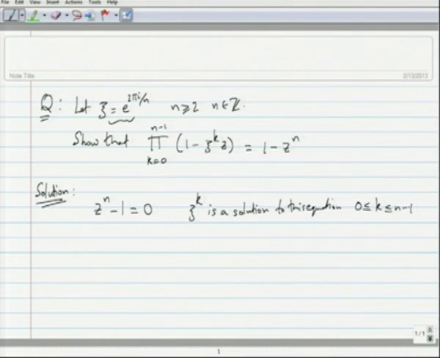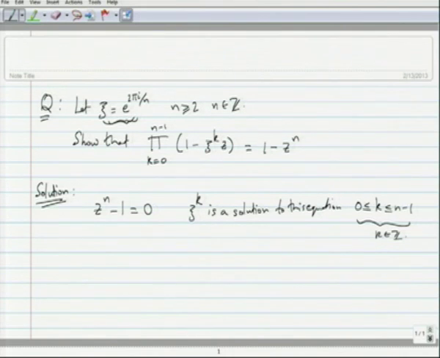You can put any other integer k, but it is going to be a repetition of one of these roots. In particular, k equals 0 corresponds to the root 1, and k equals 1 corresponds to the given root zeta itself, etcetera.